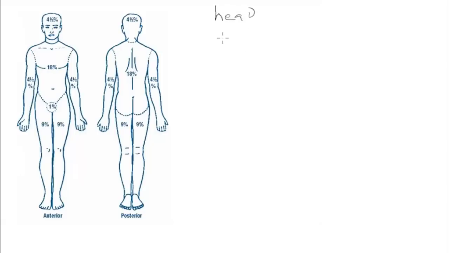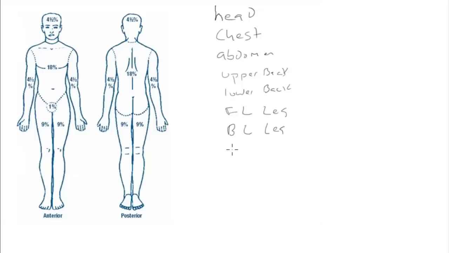We're going to have the head, the chest, the abdomen, the upper back, the lower back, the front left leg, the back left leg, the front right leg, the back right leg, the left arm, and the right arm.